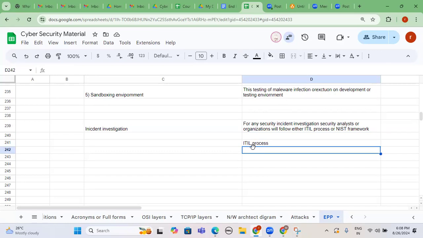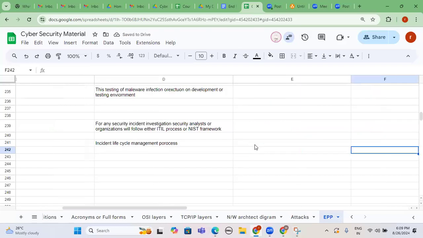It is a phase by phase, step by step approach for how we can take care of the respective incident response or forensic analysis. This concept is applicable to all the tools as well, because it's a process.